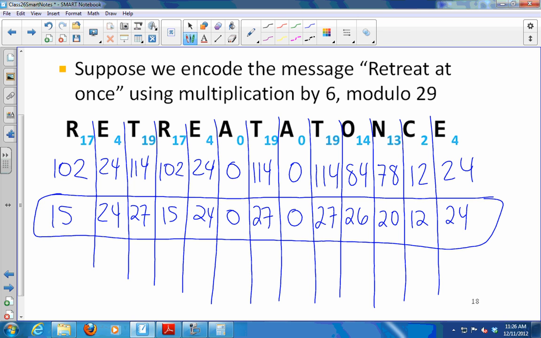No, the standard practice with this one is to send numbers instead of letters. This is called a multiplicative cipher. If you do multiplying and addition, it's called an affine cipher.